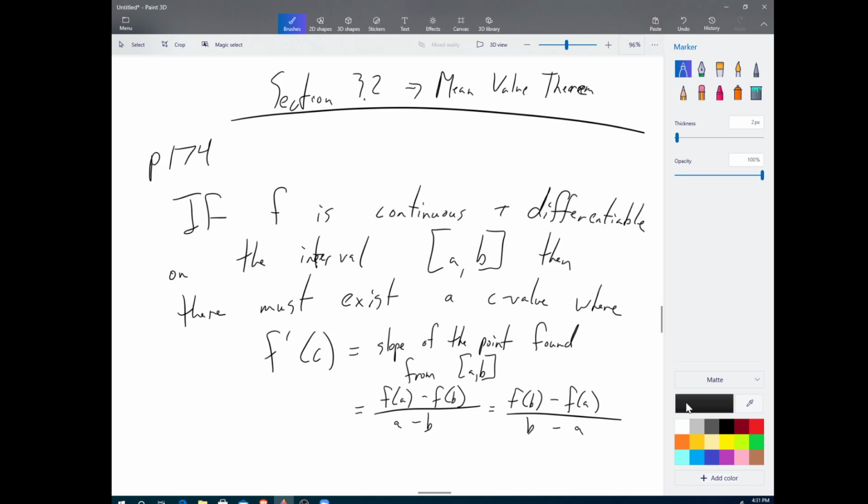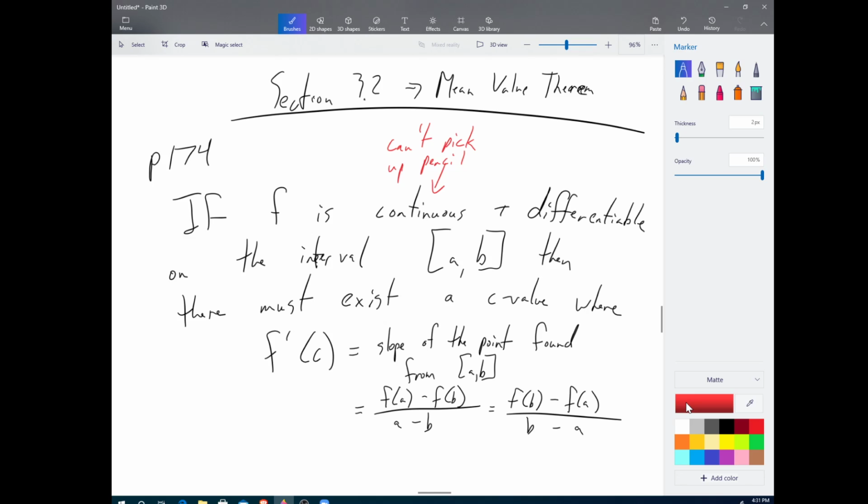So first of all, there are some important conditions in here you do have to check for before you're allowed to apply it. Continuous. You can't pick up your pencil while you're writing it, or whatever you're writing with. So in other words, if it's got an asymptote in the interval, no good. If it just jumps some points, or it doesn't include all the points, like a square root has a certain starting point, doesn't count.